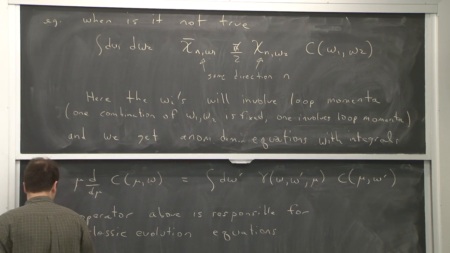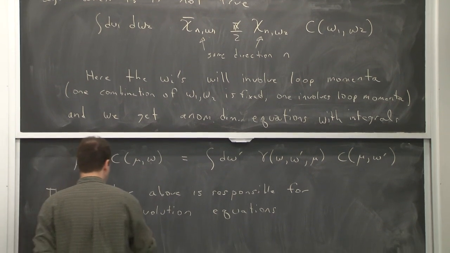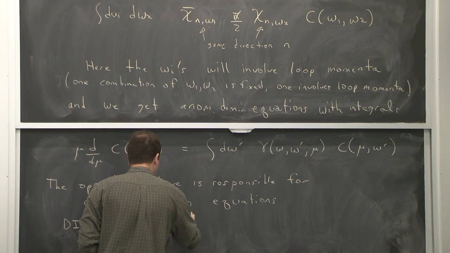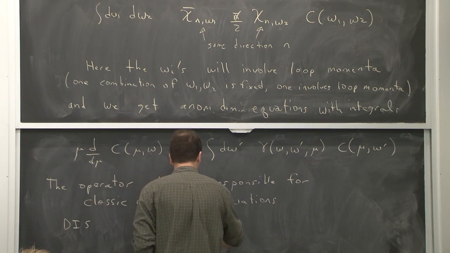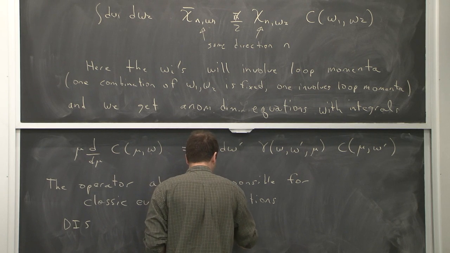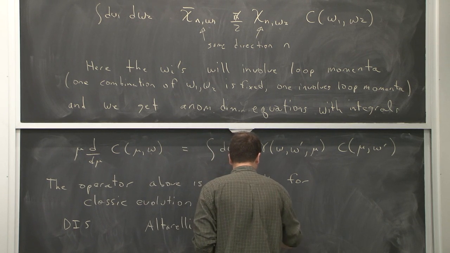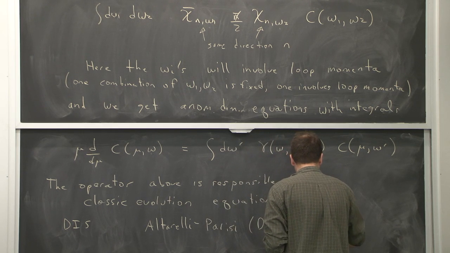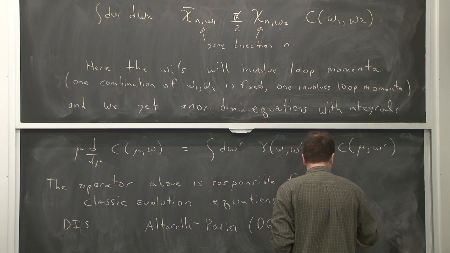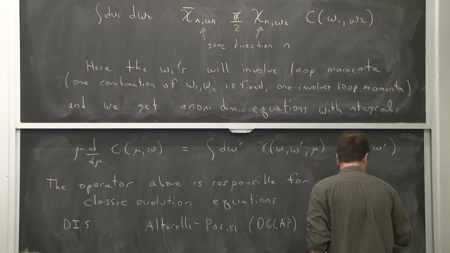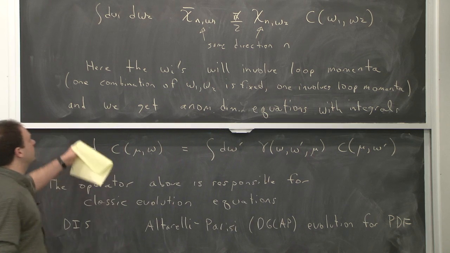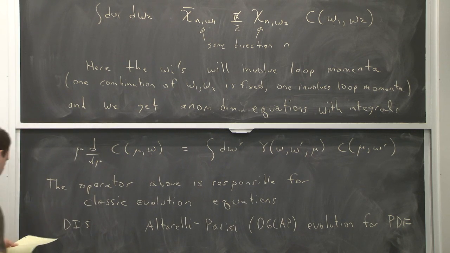For deep inelastic scattering, what you're getting is the Altarelli-Parisi equation, or DGLAP equation. And the evolution of the operator would be the evolution of the parton distribution function. That's one thing that would be encoded in a renormalization of that equation.